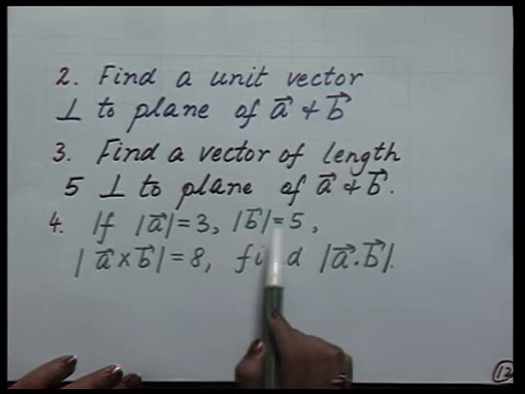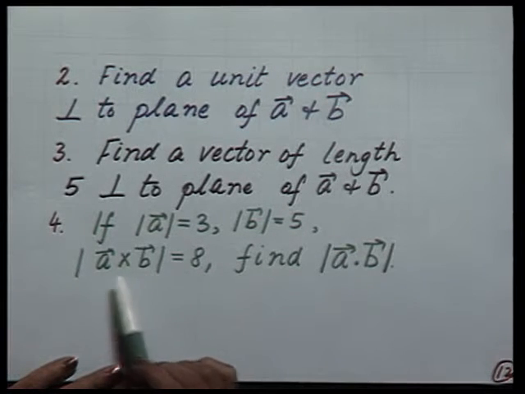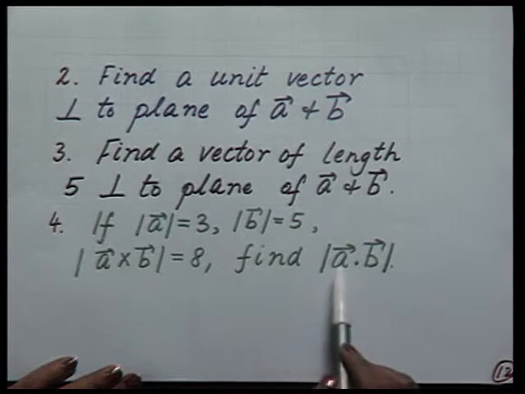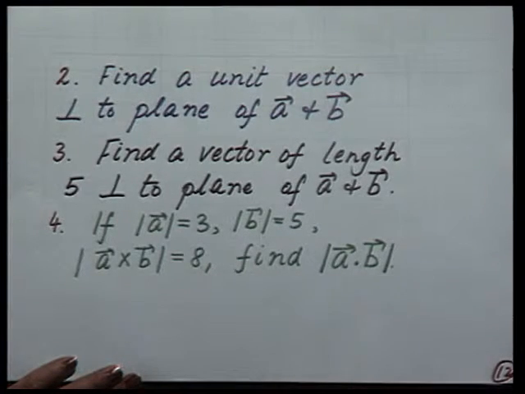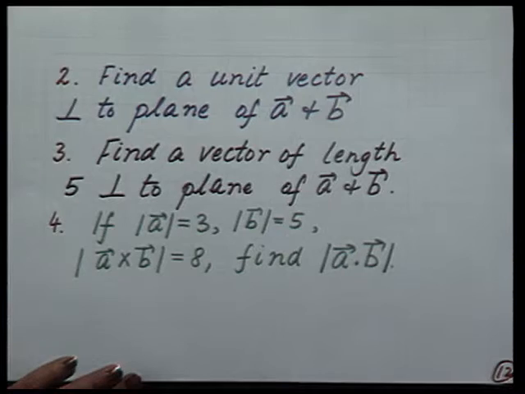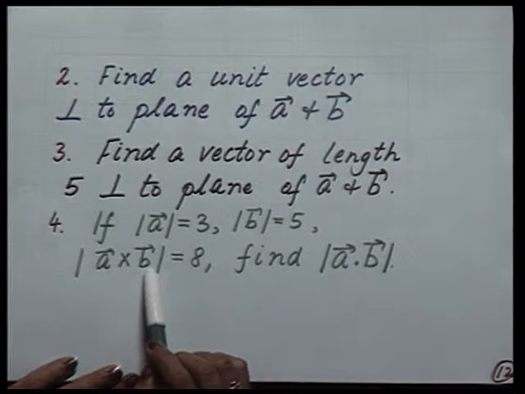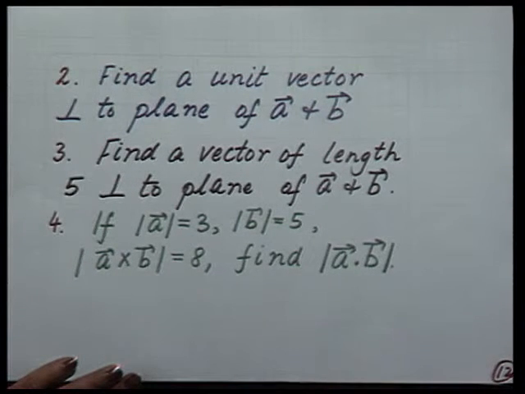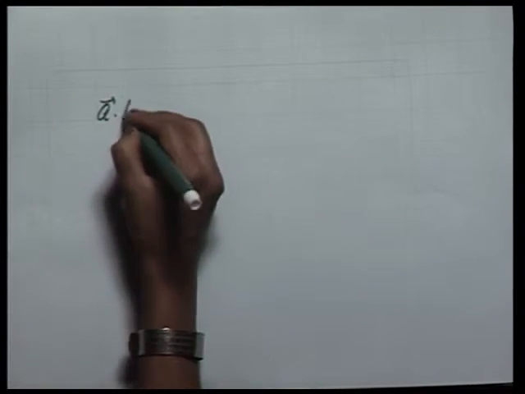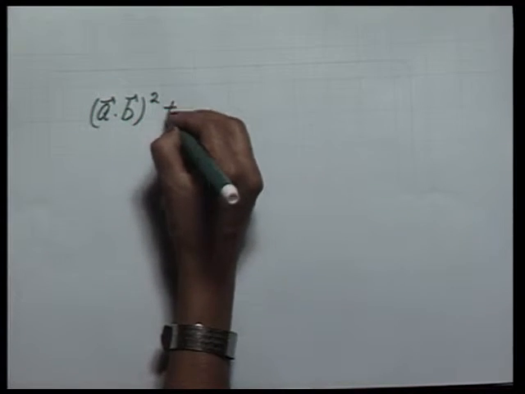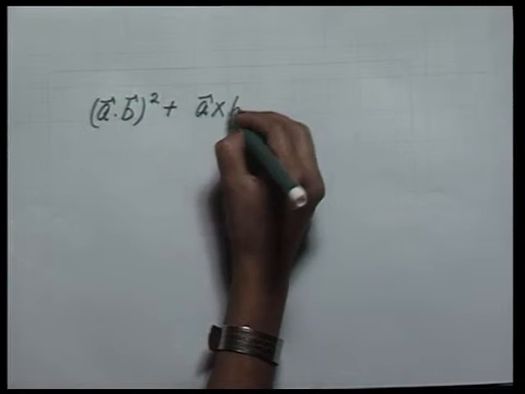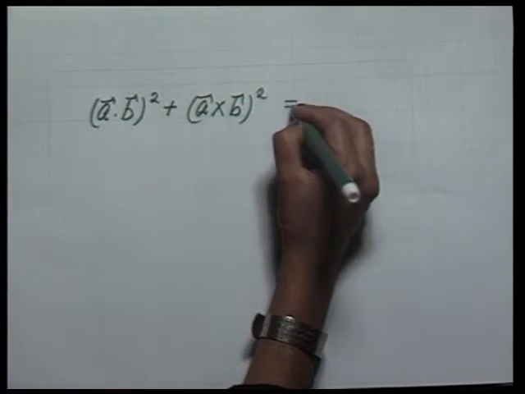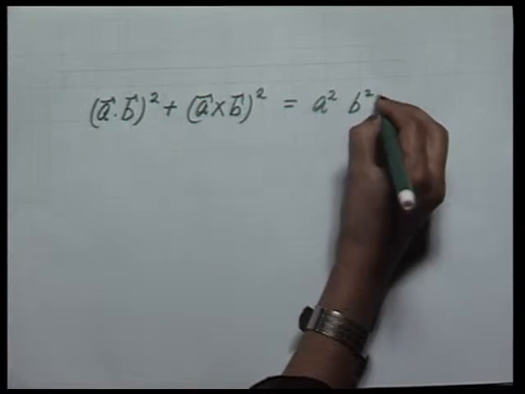Here is a problem in which we are given the magnitude of A, the magnitude of B and the magnitude of A cross B. We have to find the magnitude of A dot B. So, what is it that we should do? Recollect that we have proved a relationship between A cross B and A dot B. That is, A dot B squared plus A cross B squared is equal to A squared B squared.